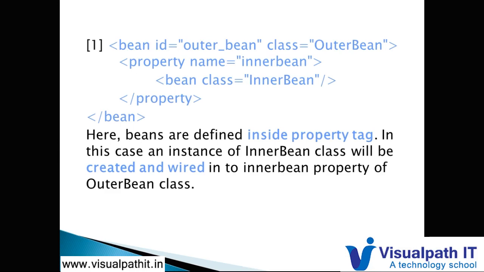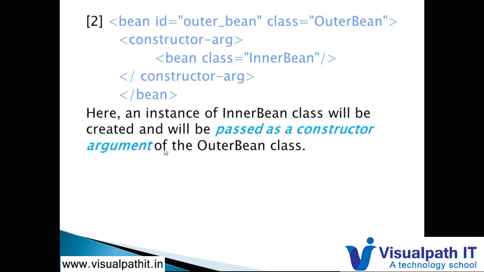Beans are defined inside the property tag. In this case, an instance of the inner bean class will be created and wired into the inner bean property of the outer bean class. This is the outer bean, this is the inner bean, which is bounded within the property of this outer bean class.